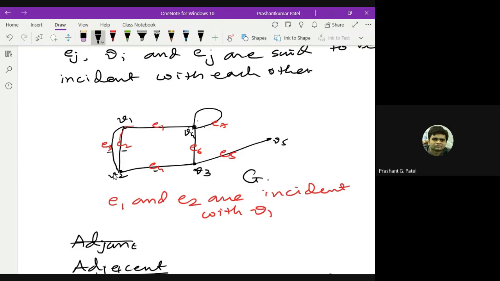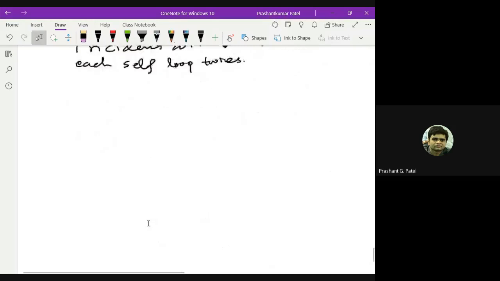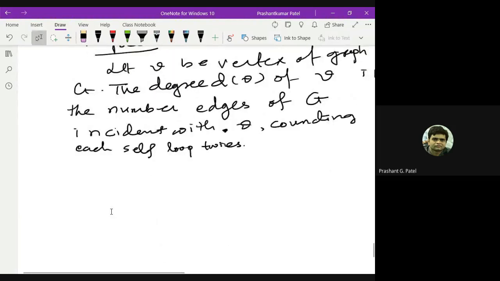In the same manner, you can write down this table, calculating the degree of each vertex, and I want these numbers from you.